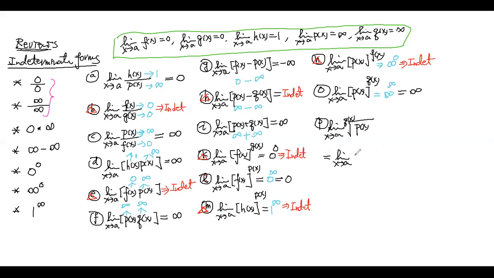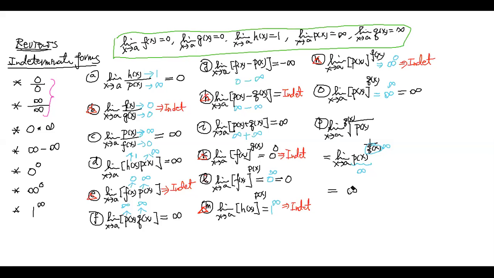So this will be the limit as x approaches a of p(x) to the 1 over q(x), right? That's what root means. Now you try to put in the limit. So p(x) will be infinity. Then this one here is 1 over infinity, right?